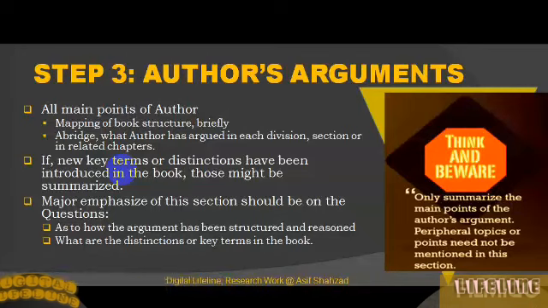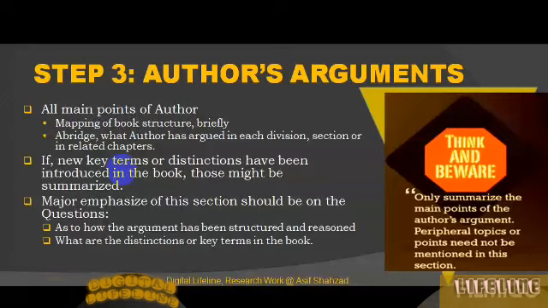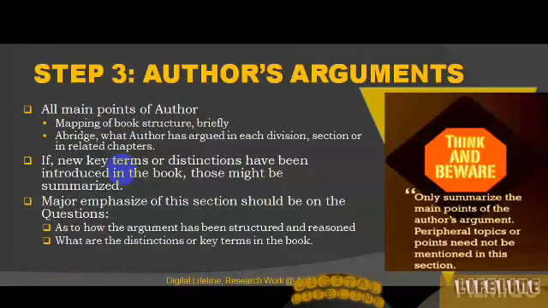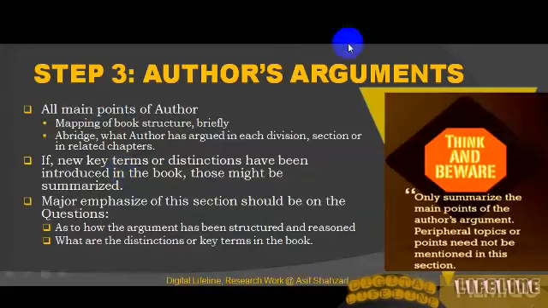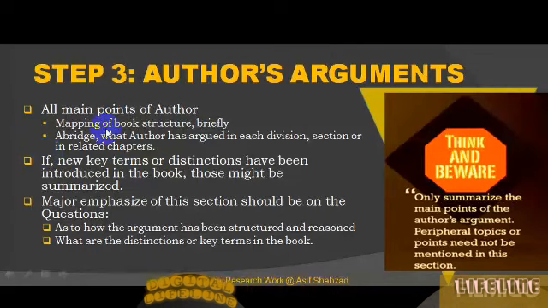You don't need to be very expanded and you are not required to discuss each and every point mentioned in the book. What you need to keep in mind is that you have to discuss all the main points of the author.